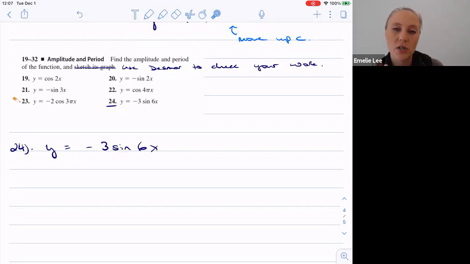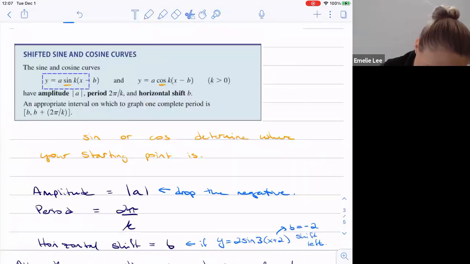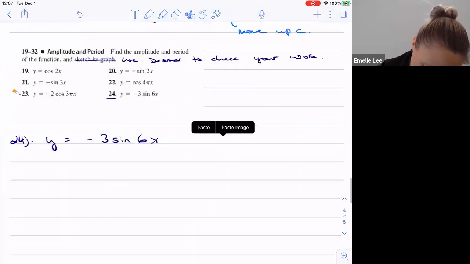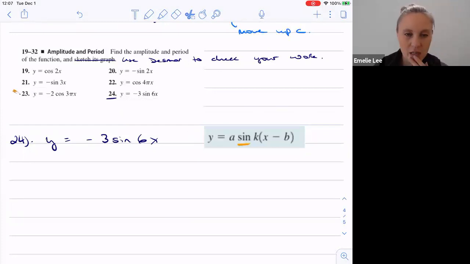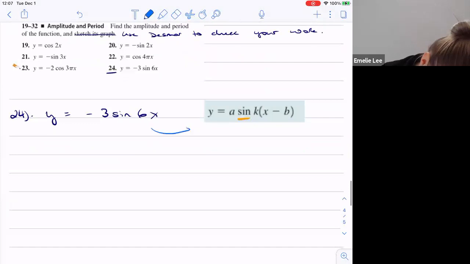It tells me I start at 0, 0. It tells me that I need it to look something like this. So I'm going to rewrite my function to match this.